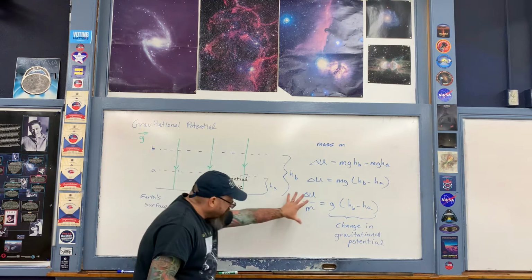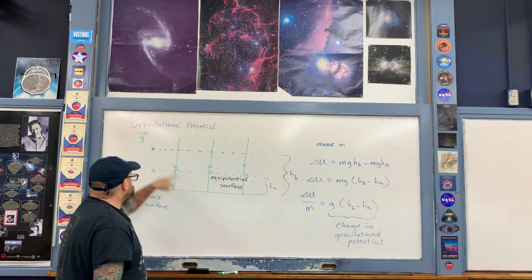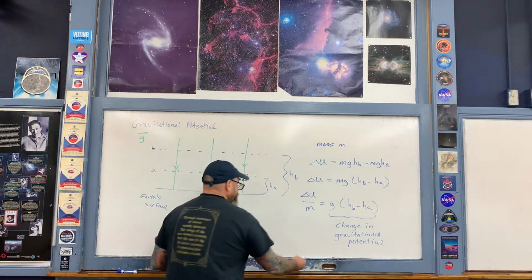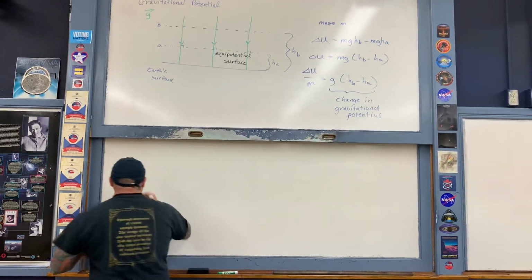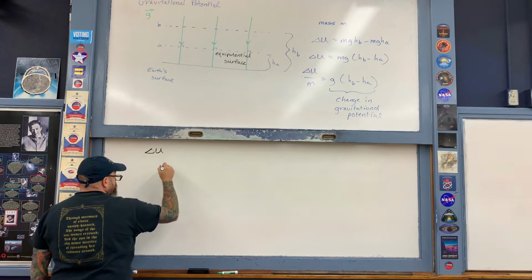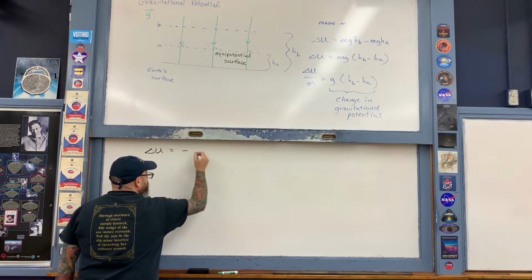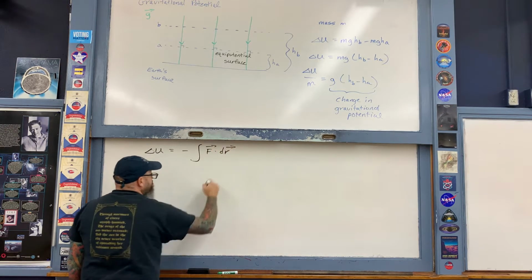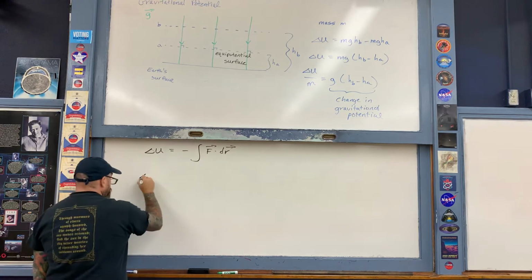Okay, now how do we describe this quantity here, change in gravitational potential, in the context of the gravity field? Well, we go back to chapter 8 to do so. Recall that change in gravitational potential energy is equal to the negative of the work done by gravity, where the work done by gravity as a line integral is the following quantity, where the force itself, of course, is just mg.